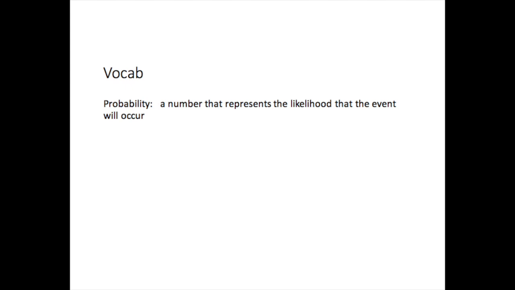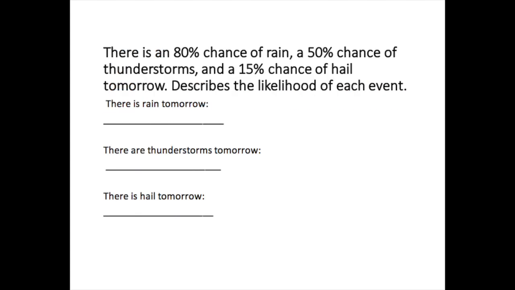Our next vocabulary word is probability. Probability is the number that represents the likelihood that the event will occur. An example of that is weather. So you see all the time on weather what the chances are of snow or rain or of sunshine.